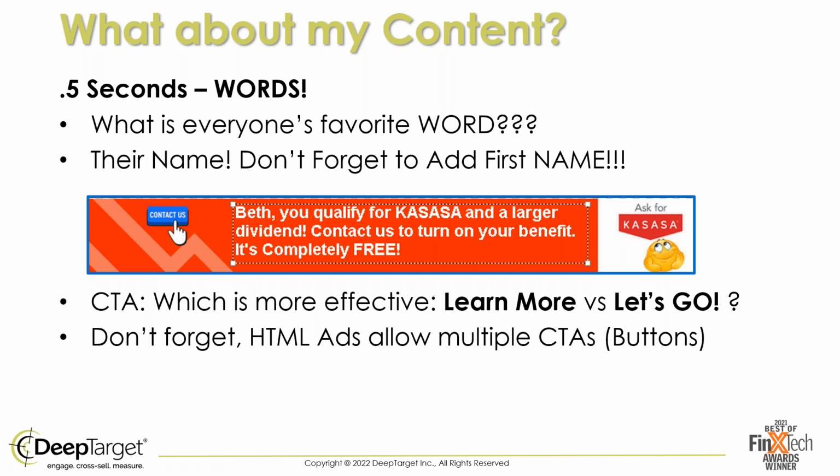Their name. So don't forget to add it. And here's a perfect example of one of our FIs adding the name Beth. It's a little granulated because I've increased the size of it, but once again, you can grab this automatically with just a click of a toggle in the ad creation environment, and Beth's name shows up.